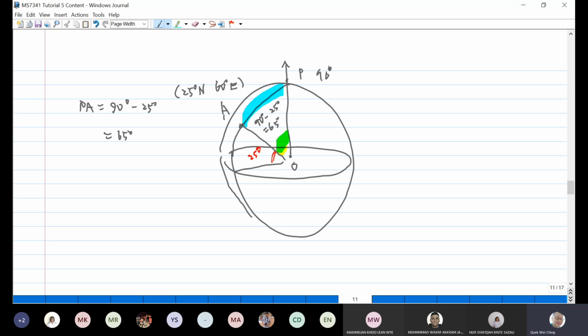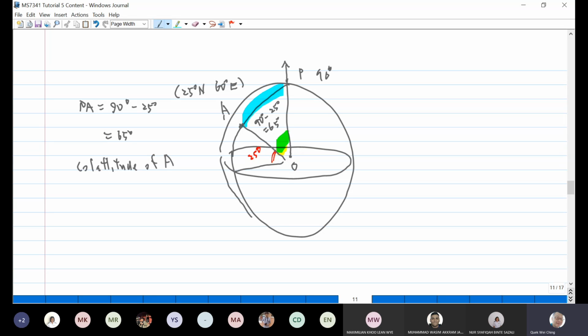This is the distance, using the spherical triangle to measure the distance between two points, P to A. And usually we have a name for this. This is called the co-latitude of A. This is how you find the co-latitude of A.